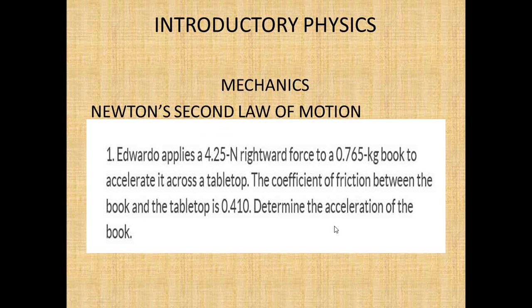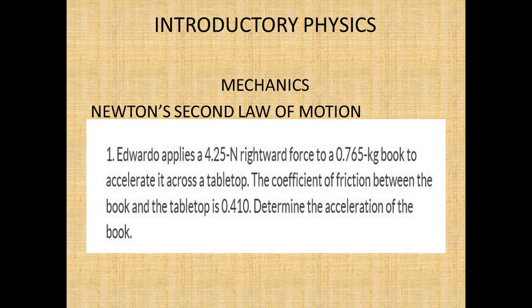So the first thing you have to do is draw your free body diagram. We have an applied force of 4.25 to the right. The book weighs 0.765.